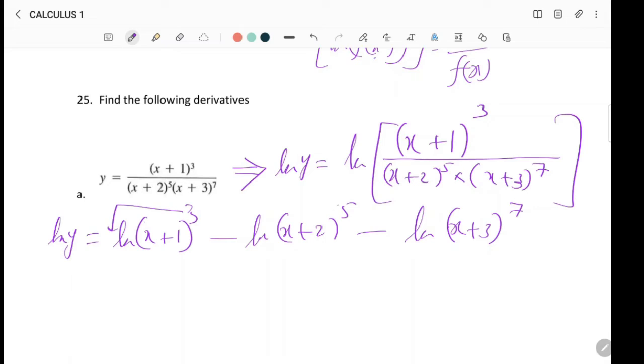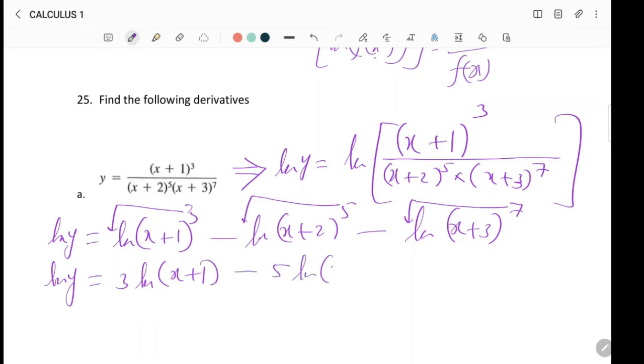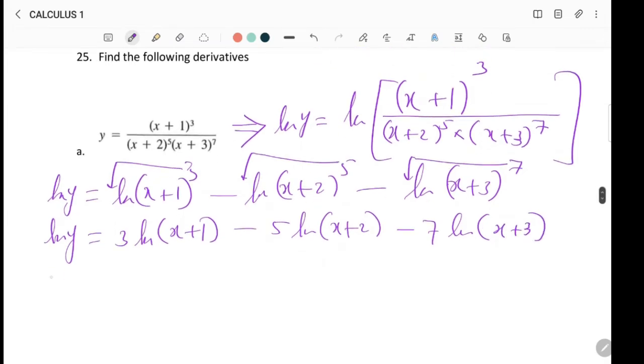Now this 3 will come here, this 5 will come here, this 7 will come here. So this is 3 times ln (x plus 1) minus 5 times ln (x plus 2) minus 7 times ln (x plus 3).